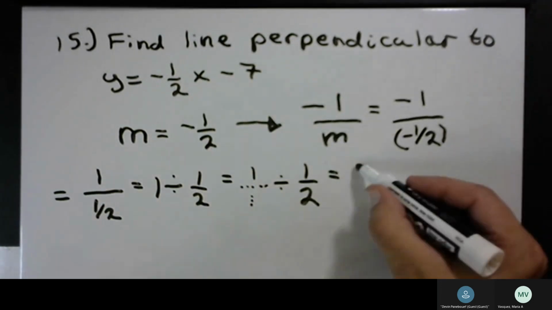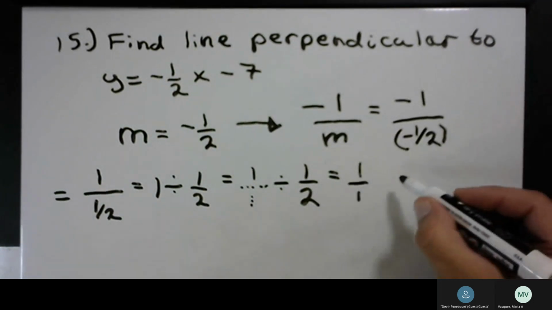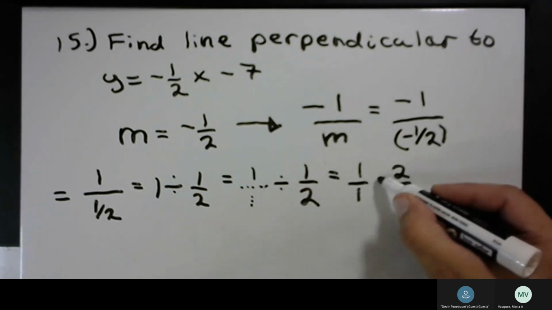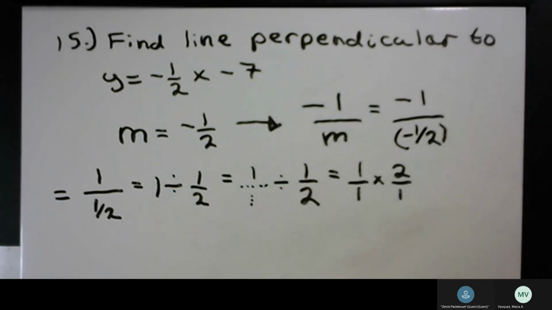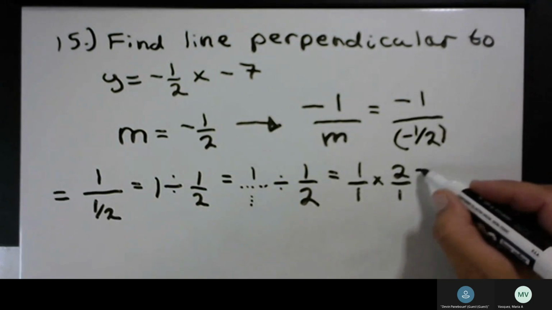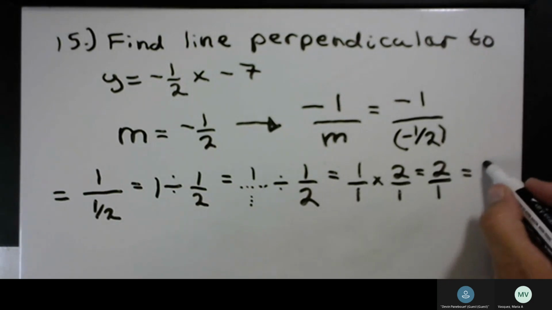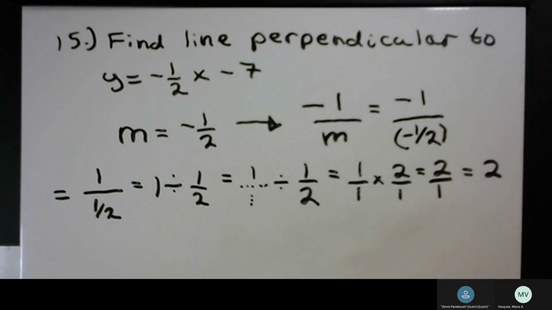And then we do our KFC. We keep the first one, we flip the second one, we change division to multiply. And now we multiply across. We'll get 2 over 1, which is 2. So that's the perpendicular slope.